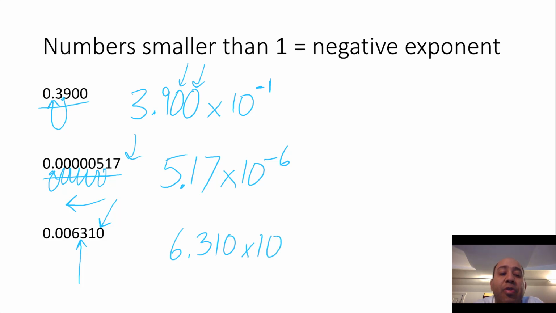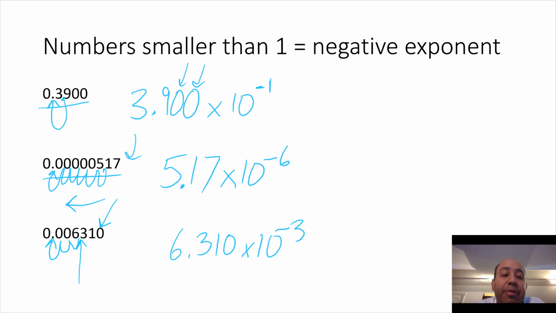As you see, when there's a 0 in scientific notation, you know that it's significant because that's the beauty of scientific notation. Every digit that you see as a coefficient is actually significant. So now you have to move the dot back to its original location, and that's 3 to the left. So the answer is 6.310 times 10 to the negative 3.